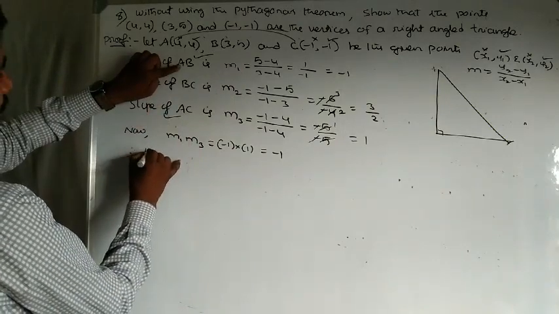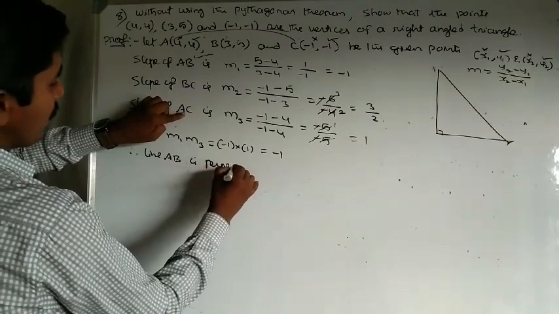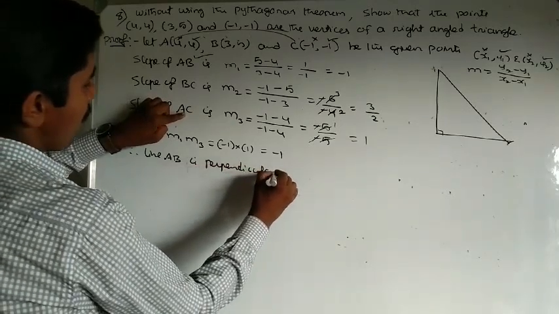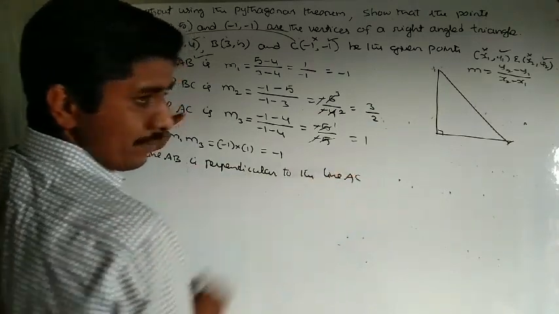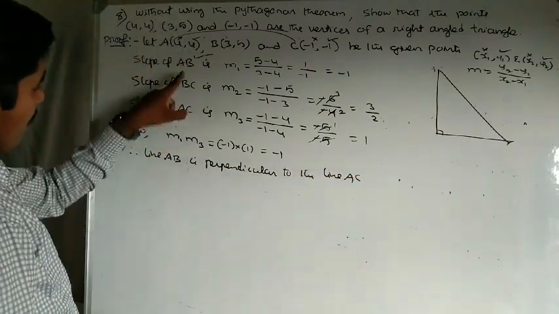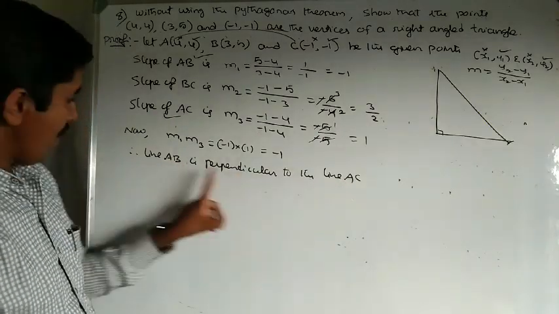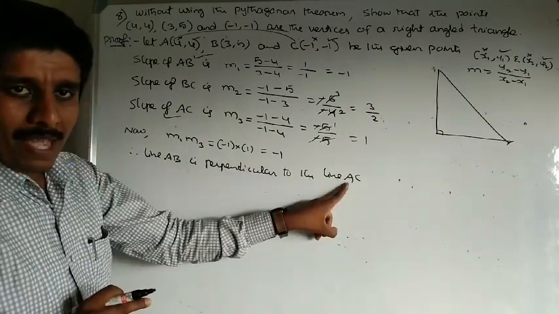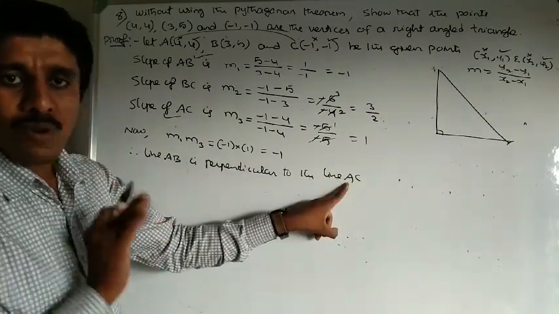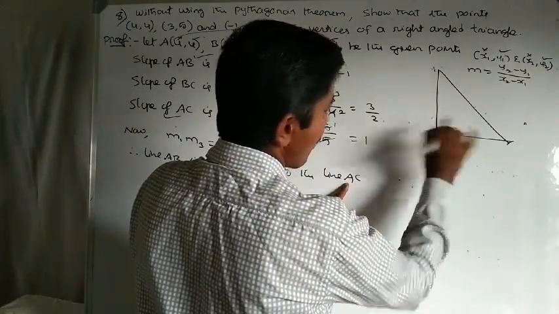Therefore, line AB is perpendicular to line AC. Correct. In these two lines AB and AC, what is the common point? Clearly A. Clearly angle A is equal to 90 degree.